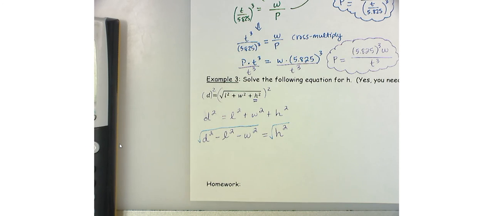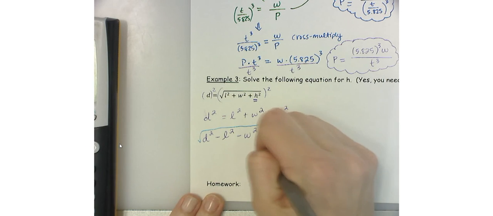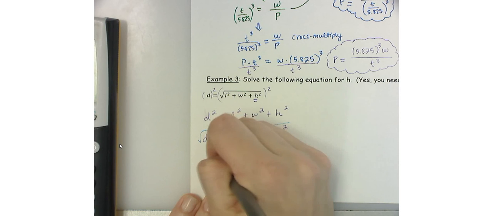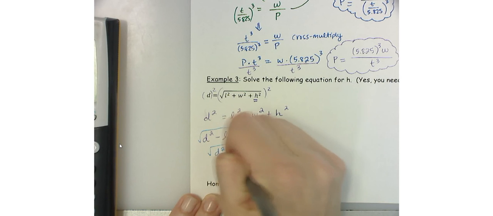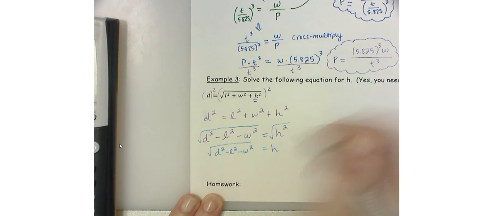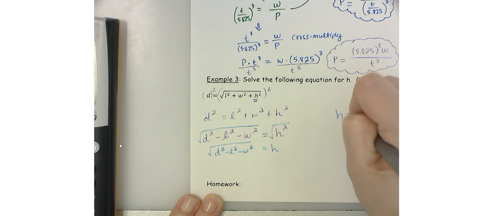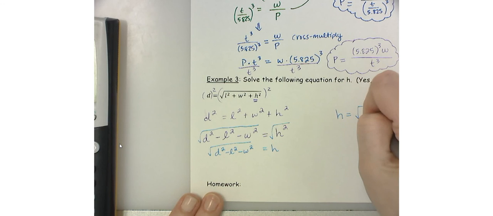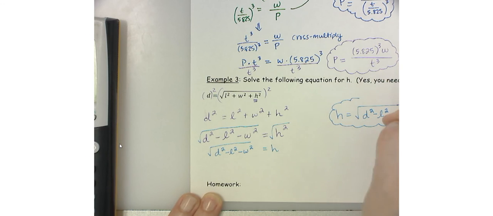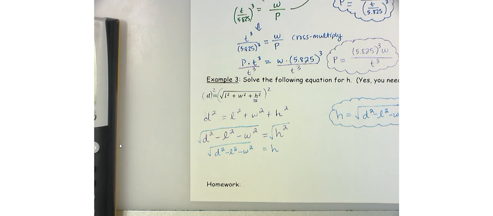So if you said L was 1, W was 2, H was 3, and you solve that for H, you should get the same value in both of them. So you could just make up random values, plug them in, make sure they're the same. If it was on your calculator portion, then you could do the square root and compare your decimals.